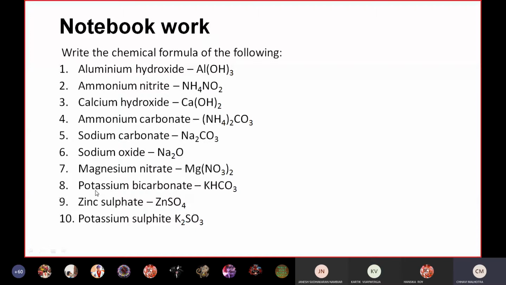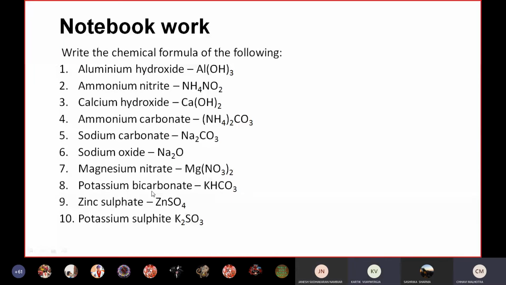Potassium bicarbonate. What is the symbol for potassium? K. Bicarbonate is HCO3. Beta, HCO3 is bicarbonate, like carbonate is CO3. What is the valency of potassium? 1.